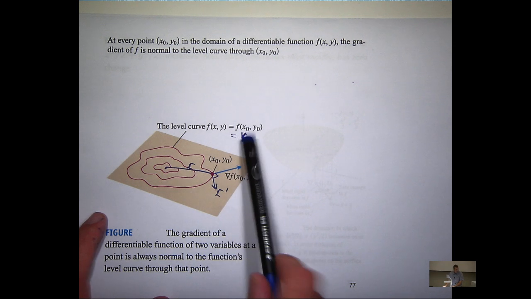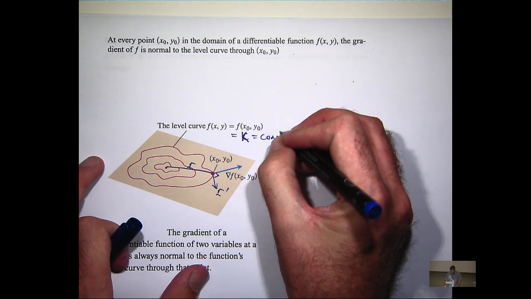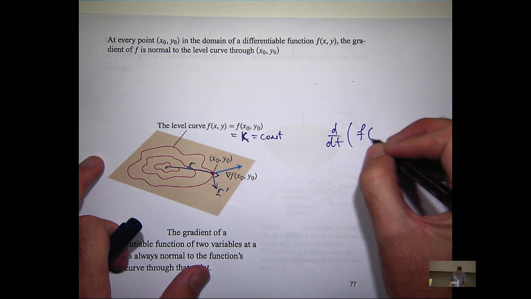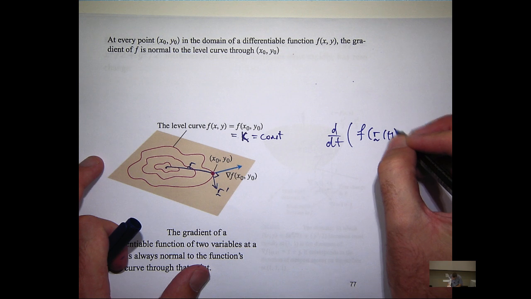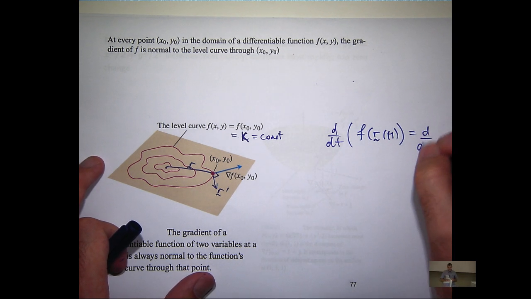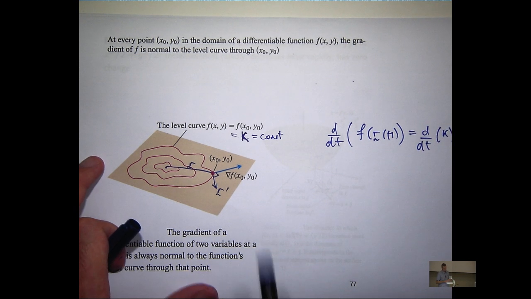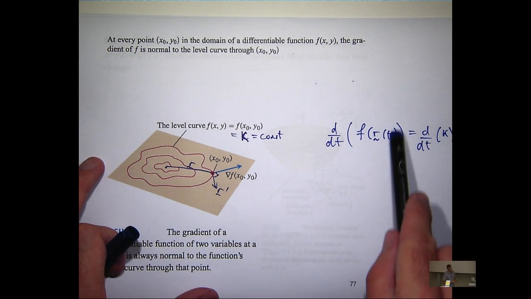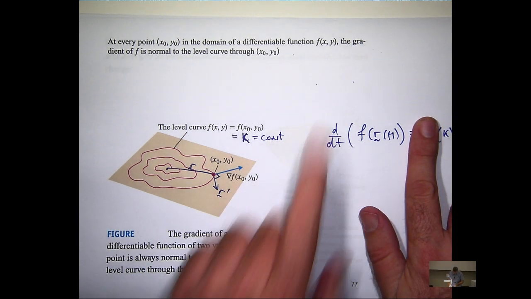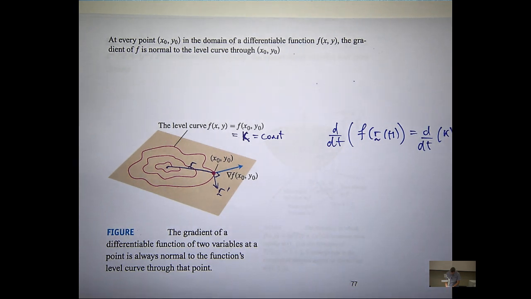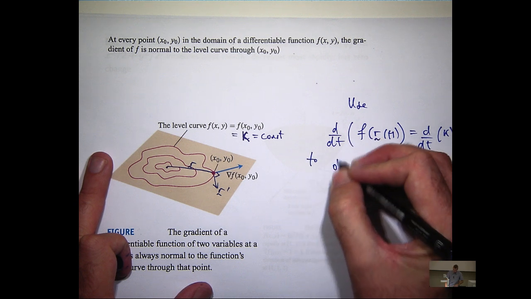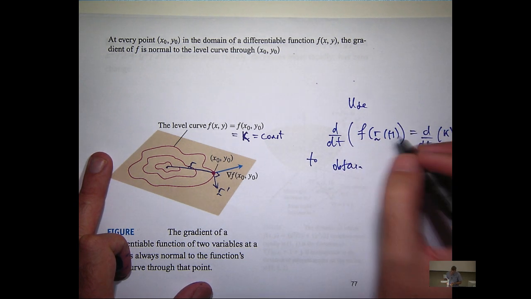Because f is equal to a constant, I start with this equation and then differentiate, and using the chain rule, I can show the following.